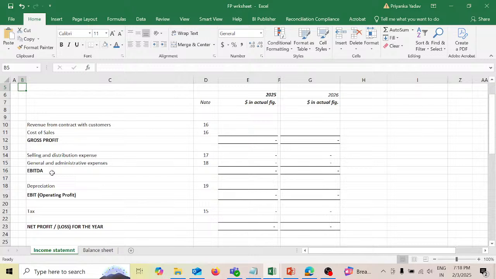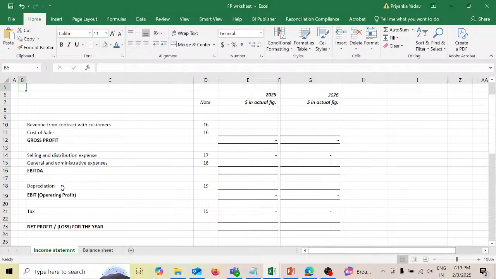So if right now you only deduct the administrative expenses from the gross profit, you will get EBITDA. This is your earning before you have deducted any sort of tax, interest, or depreciation.